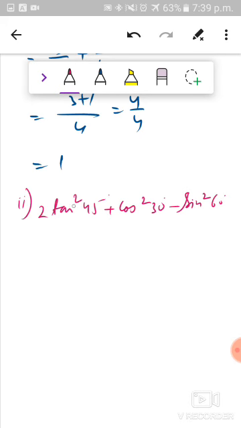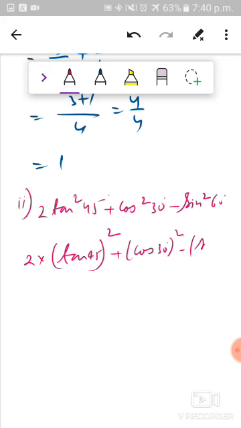See, tan square 45 degree means what? The square is only of tan, not of the angle 45 degree. Same like this you can write cos 30 whole square minus sin 60 whole square.